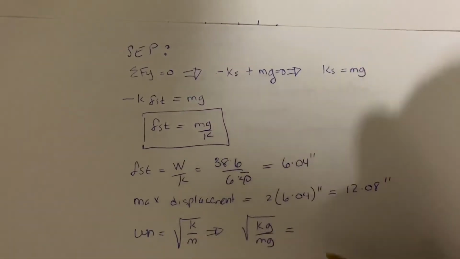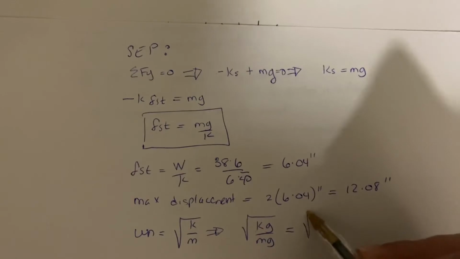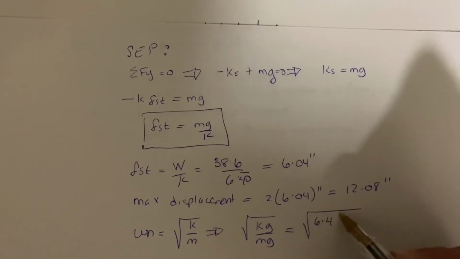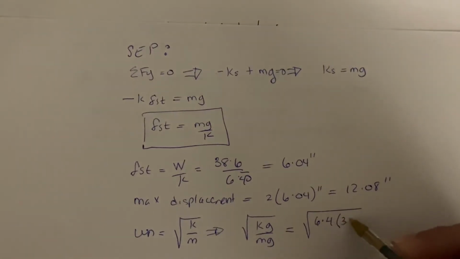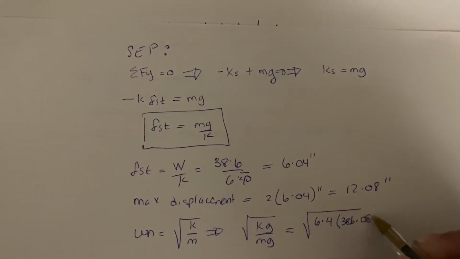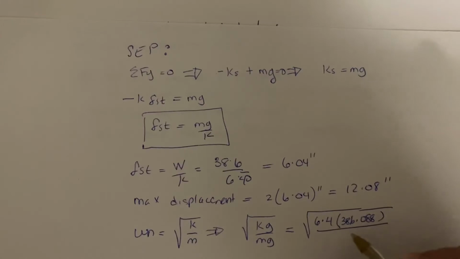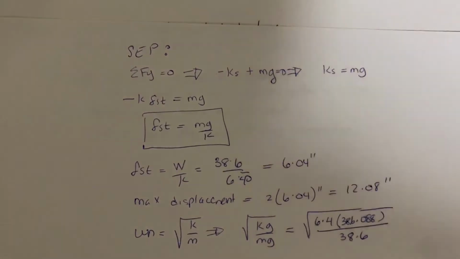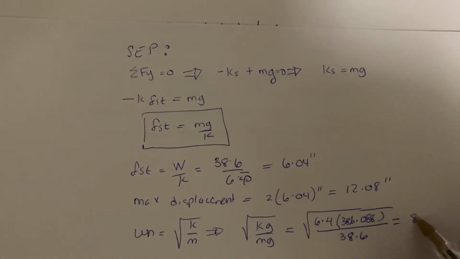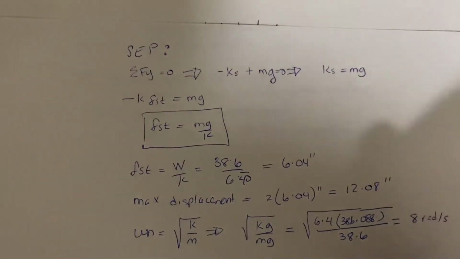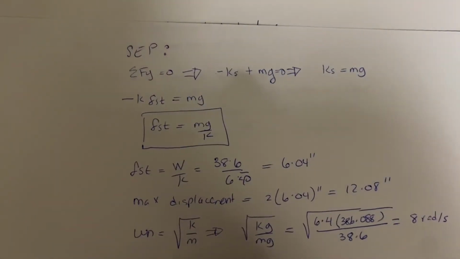So I'm going to use this equation. We're going to substitute values here, 386.08 for the gravitational acceleration over the weight. Okay, and that is going to give us a value of 8 radians per second. Now we know that the natural frequency is 8 radians per second.